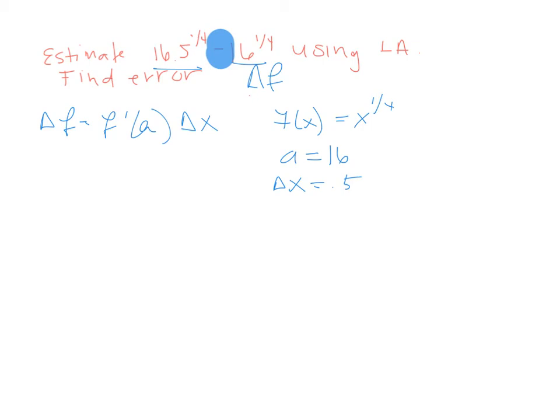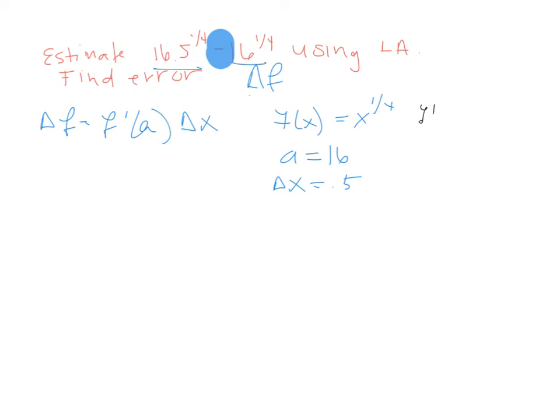Because remember, the whole point of linear approximation is to make things easier, not harder. I can find the fourth root of 16. I cannot find the fourth root of 16.5. So it's much more reasonable to start at 16 and go up by 0.5 than the other way around. Mathematically it could be done either way, but then you're missing the whole point of linear approximation. So now I'm ready to go.